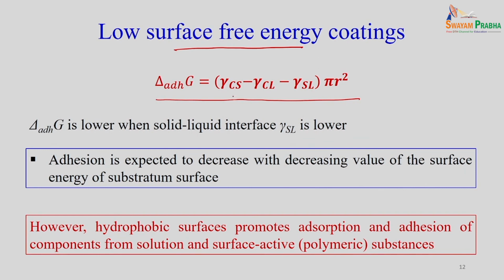So, CS is the cell surface, CL is the cell and liquid, and SL is the surface liquid, or you can say the solid liquid.